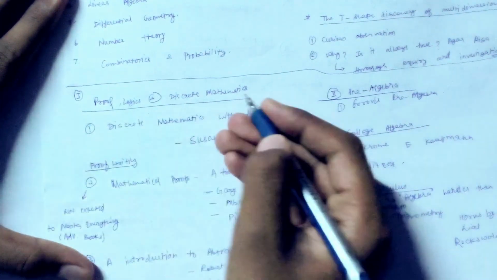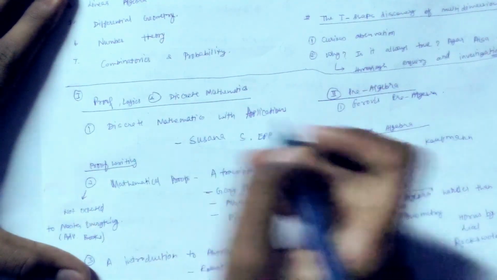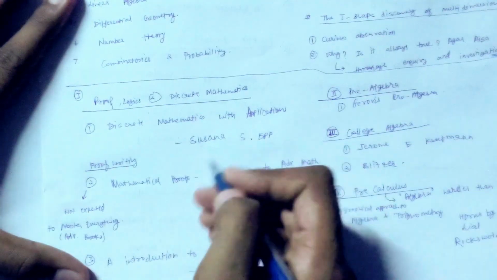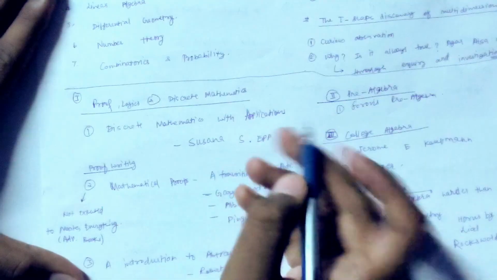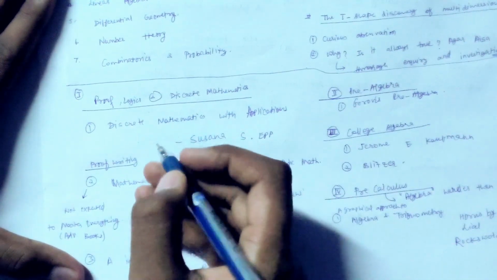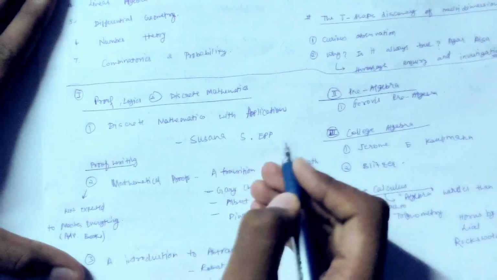This is the first section in the books which we will follow: Proofs, Logic and Discrete Mathematics by Susanna S.